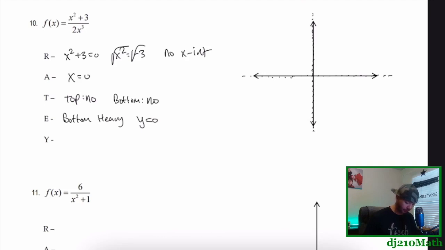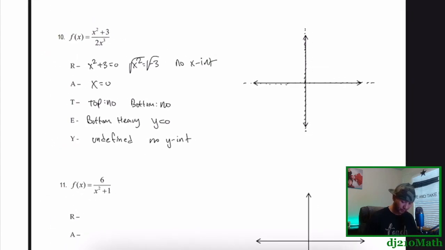And the y-intercept is when x is 0. This will give us undefined because there'll be a 0 in the bottom. So there's no y-intercept. So no x-intercept, no y-intercept. What do you think? I feel like it's going to be like this. But let's see. If I let x equal 1, I'm going to get 1 plus 3 is 4. 2 times 1 is 2.